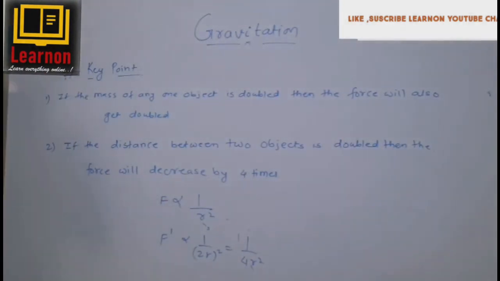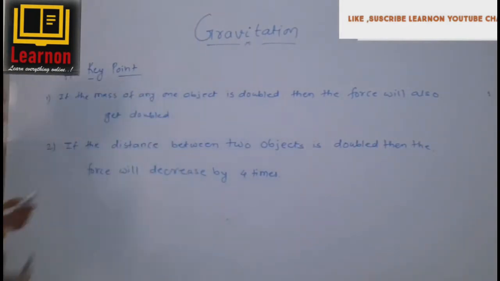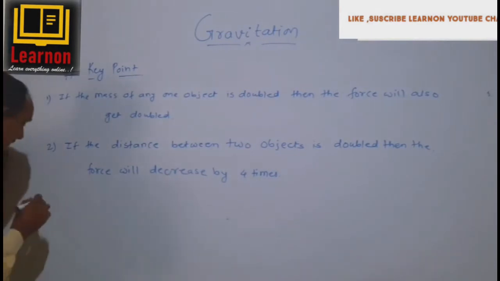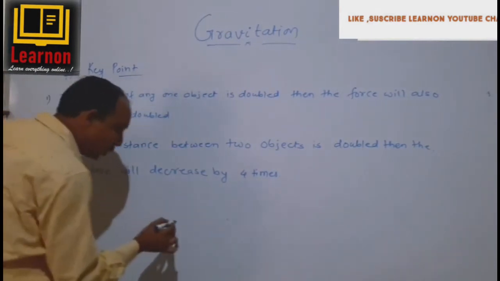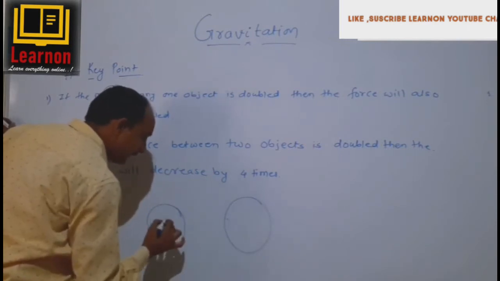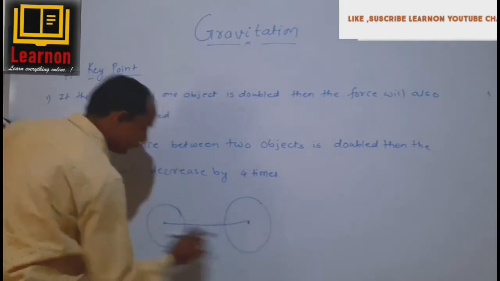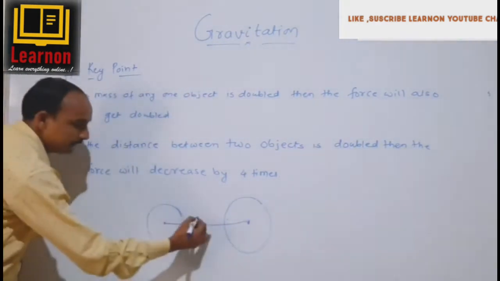Second point, I would like to make it clear that yesterday I said that if we take two objects, while taking the distance between two objects, we take their centers. That is r.